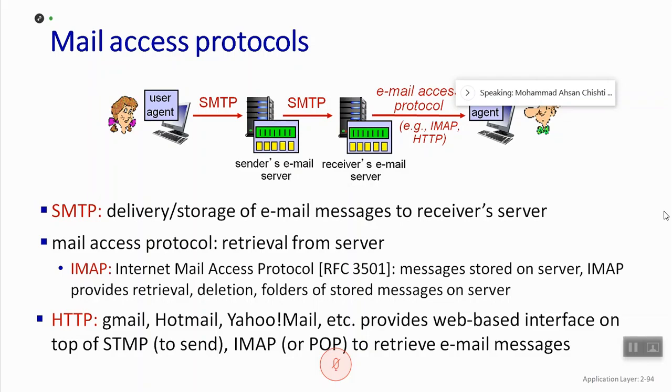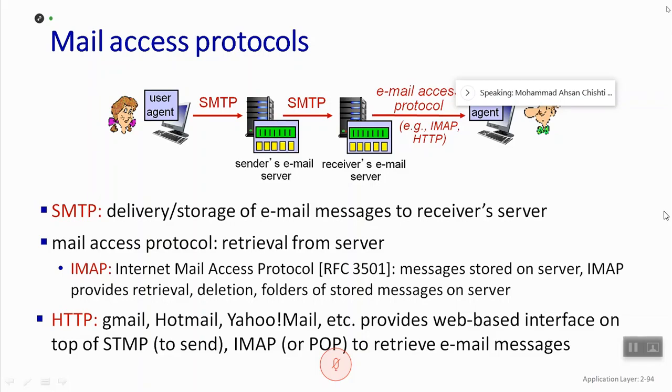So if you have applications which are email clients, for example, you have installed an app, then in those cases, apps like Outlook and so on can retrieve using IMAP, POP, and so on. However, you can use your browsers as well to retrieve the messages, like you log in using HTTP to gmail.com.